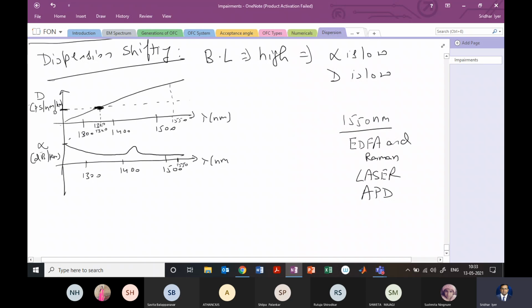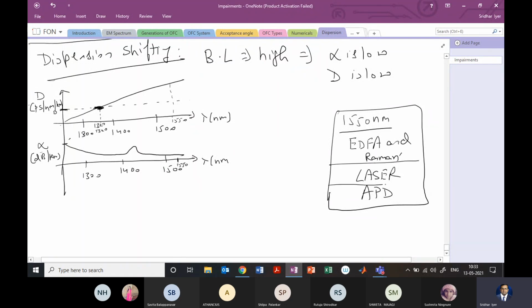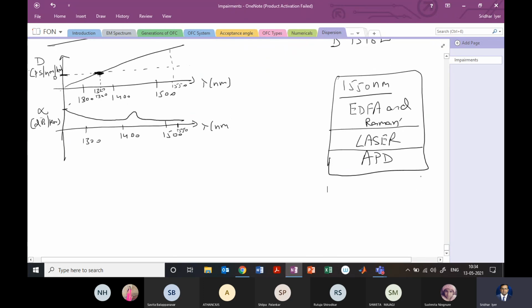So our aim is to operate at a wavelength of 1550 nanometer, so that we can use very effective devices like APD or Raman amplifiers. We could use a laser, we could use an APD. So the aim is, can we move this zero dispersion that we see on the graph? As you can see, this is zero dispersion.